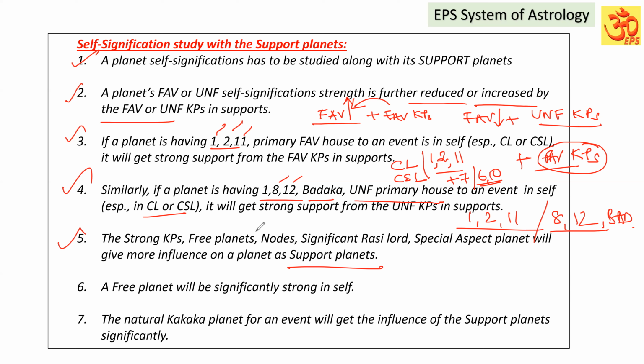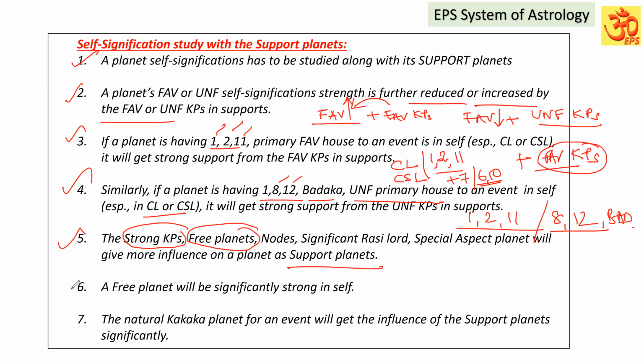So importantly, we have to give importance to the free planets and strong key planets. A planet having a strong key planet and free planets in its supports, automatically their influence is going to be more.